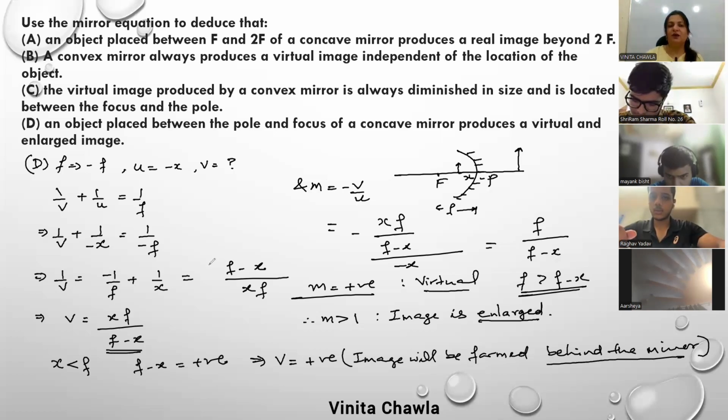Okay? There is one more way of doing this. How will you do it? Your focal length f is greater than x. But if we compare according to sign, and take the negative sign also, then we can write f as less than u.